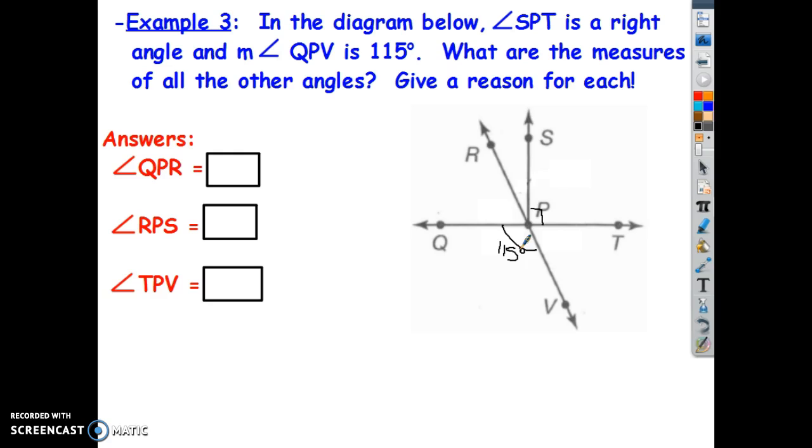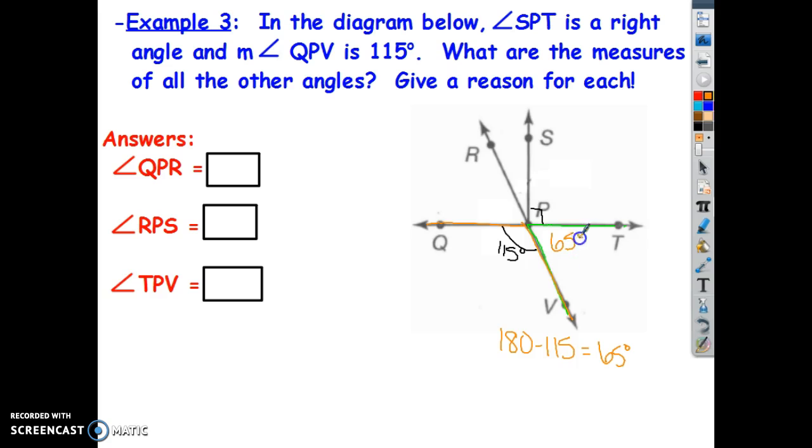So we see that TPV is supplementary with QPV. And so if these are supplementary, they're on a straight line, they have to add up to 180 degrees. So to find TPV, I do 180 minus 115, and that is going to give me 65 degrees.